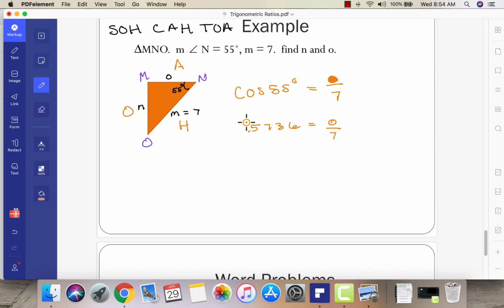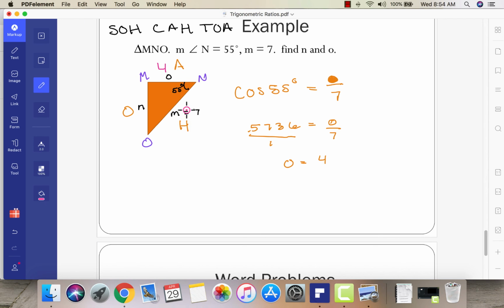I can cross multiply, put that over 1. So 1 times O is O, and then 0.5736 times 7 is 4. All right, so my side O here is going to be 4.